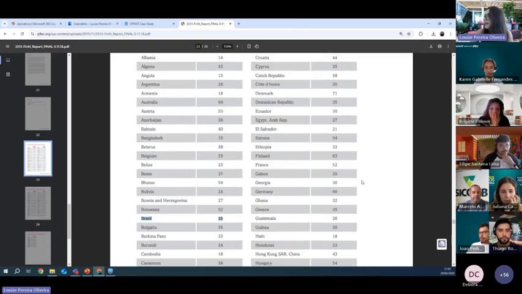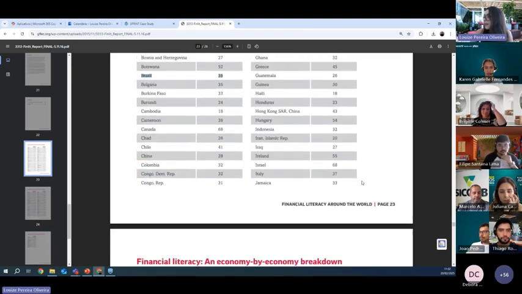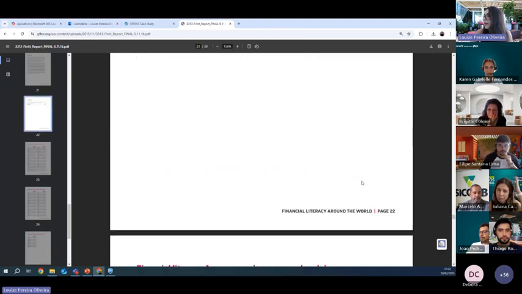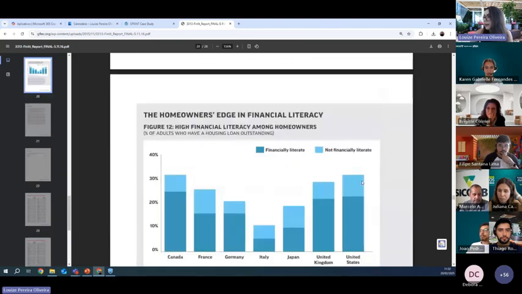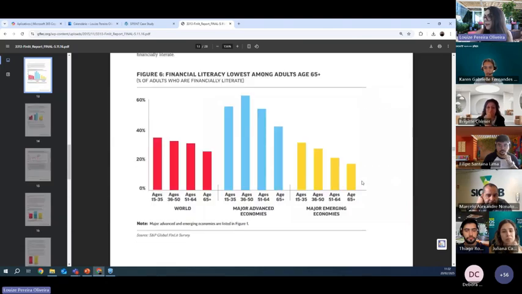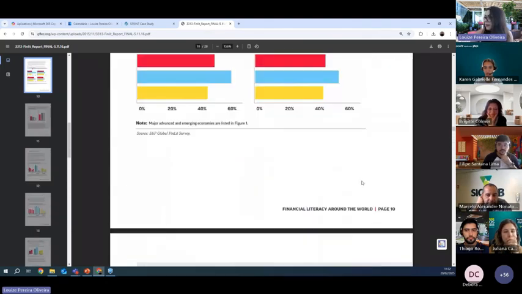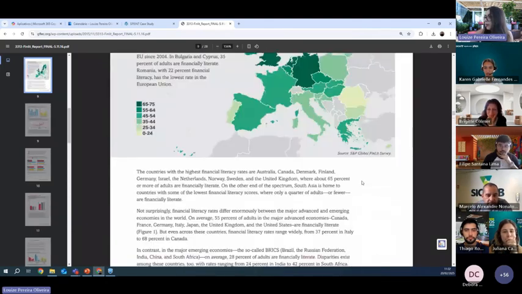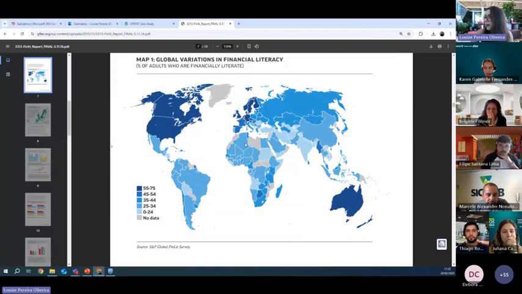And we can see other countries here. I will share this link with you. This is the link about the survey I mentioned, and I used this map in my paper. We can compare this rate by age, by country, or by gender.